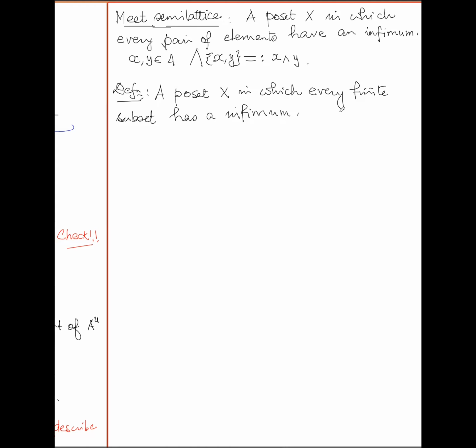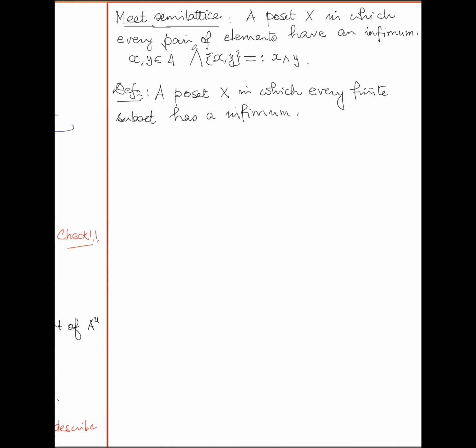And I also like this because, see, when I take every pair of elements, if I can do it for any two elements, I have a smallest. Then I can do it for any three elements, I can do it for any four elements. So induction says that for all sets of size 1, 2, 3, 4, or any natural number, I have an infimum.